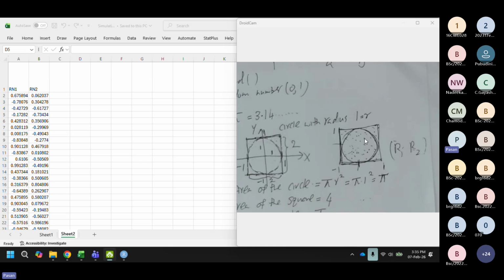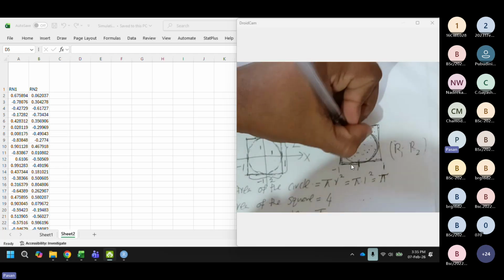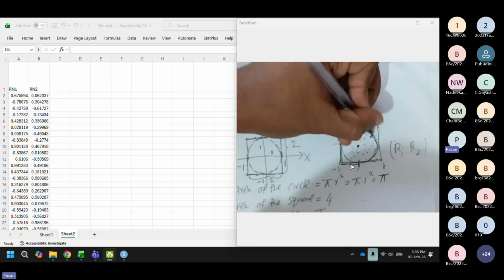So I want to confirm whether it is inside this circle or outside. So how do we confirm that? We can use the formula we use to measure the radius of a circle. I think it's the same formula we used earlier, our distance formula. So we need to measure this distance from the center up to the radius.